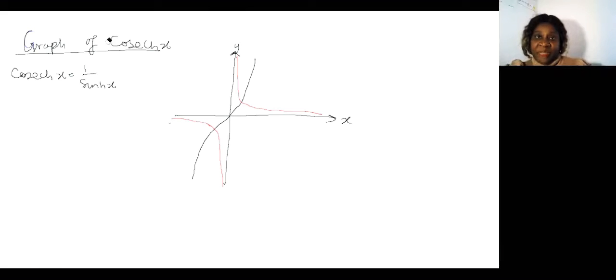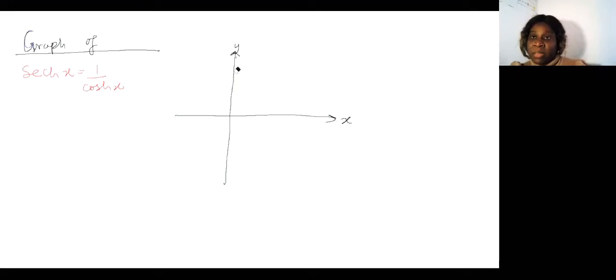And you can have sec x, one over cos x. Okay, you remember your cos x is the one that looks like a C shape passing through one, that one.